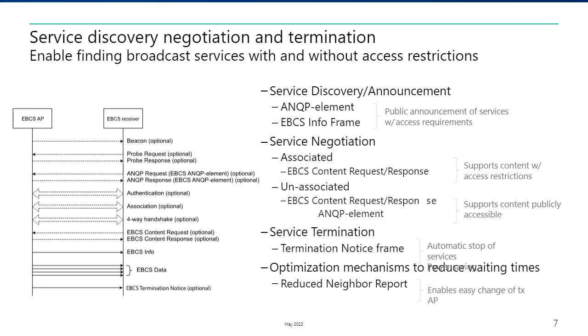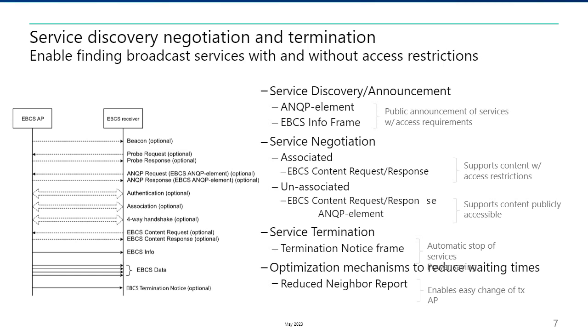Also, as additional features, we discussed in the group and implemented in the standard means to terminate corresponding services in the case a station does not want to receive those broadcast information anymore, which allows the AP, the access point, to decide if the service needs to be continued being broadcast or not, which of course is a significant aspect in implementing power saving mechanisms.